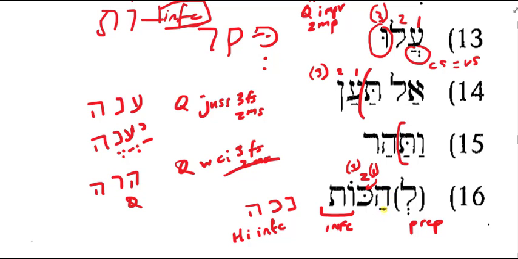The patach tells me it's hifil. Okay, so this is a hifil infinitive construct of a 3-he verb where the nun has assimilated into the kaf and the he is missing, but the ot infinitive construct ending is there. So you might translate this as in order to strike, or in order to hit.